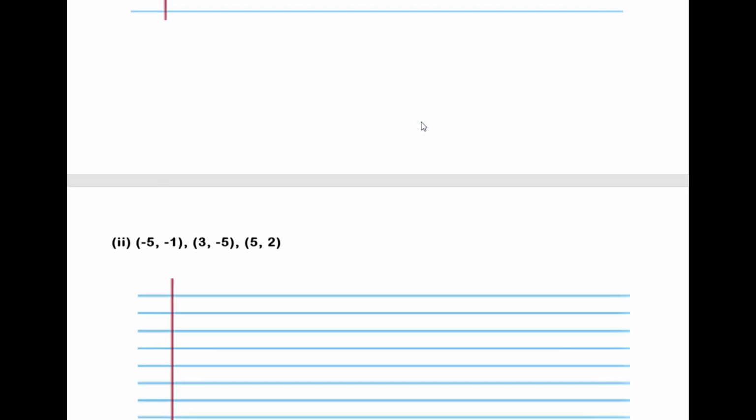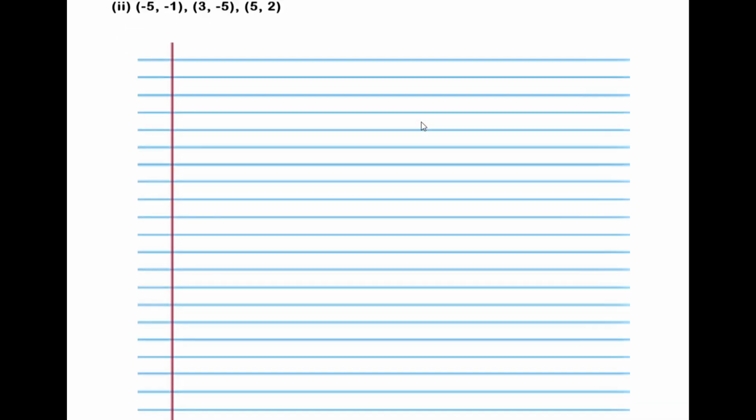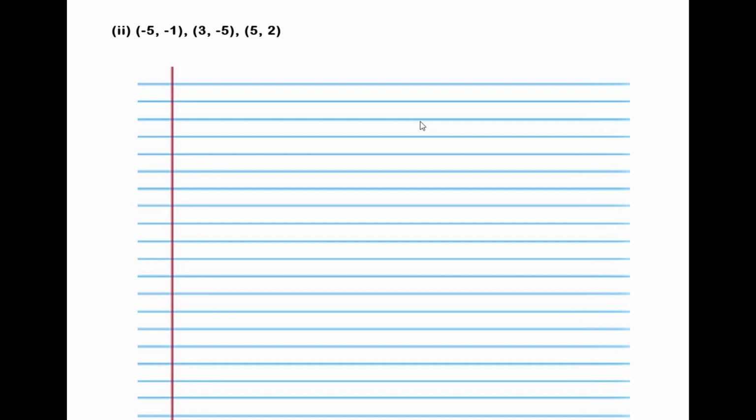Students, now moving to second question of the exercise, we need to find out the area of triangle when the vertices are minus 5, minus 1, 3, minus 5 and 5, 2. The first step is write down the coordinates, that is minus 5, minus 1, then 3, minus 5, then 5, 2.